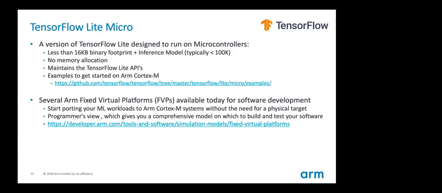The complete Arm system model is represented by these FVPs, so it's much more than just an instruction set simulator. With the processor, the memory, and other peripherals modeled in an entire system in an FVP, you can now port and develop your machine learning software without needing a physical device.